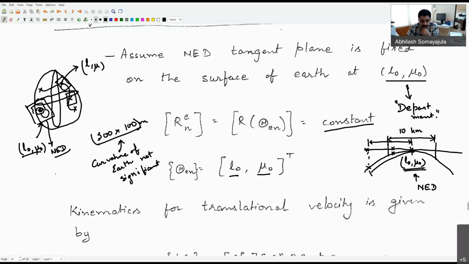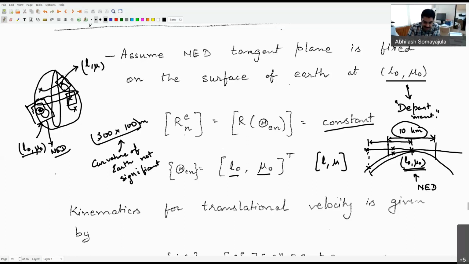Whenever we are doing local navigation, where the distances are not too large, so within a 10-kilometer radius, we can get away with mapping all the latitudes and longitudes to one NED frame. As my vehicle traverses, it will have its own latitude and longitude value, but I will not be looking at a new rotation matrix for each.